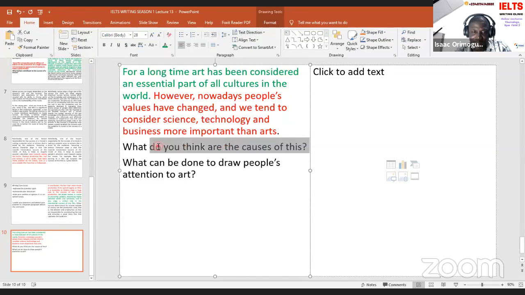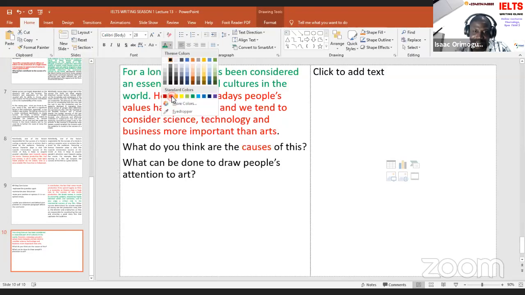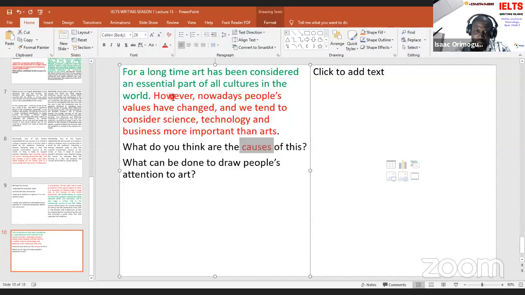The second aspect of the introduction is this. What do you think are the causes? That is, what is responsible? Causes, because I have said it when we're treating it, if it tells you causes, it means you need to have at least 2 points. Don't have more than that. Maybe you will discuss it in the same paragraph.